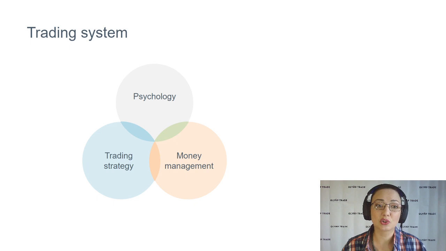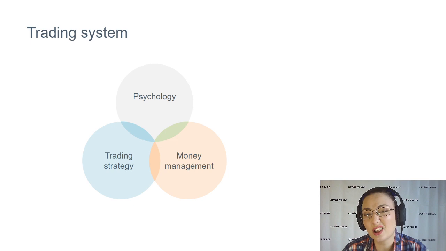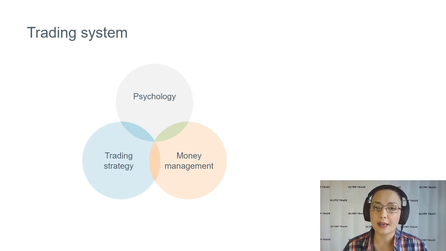And also psychology. Now I saved psychology for last, and you can see that psychology is also at the top of our formation. This is because I do believe that psychology is ultimately the most important part of trading because it has an effect on the other 2 components. Psychology determines what kind of trader we are, and how we perceive the market.